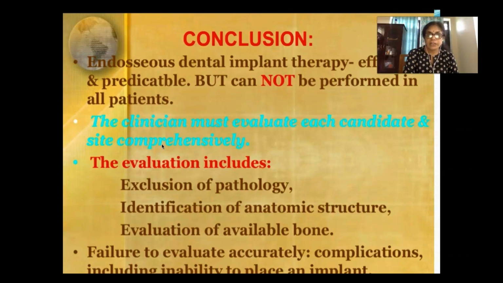The evaluation includes exclusion of pathology, identification of anatomic structures, and evaluation of the alveolar bone. Failure to evaluate accurately can lead to complications, including inability to place an implant. So we know that implant radiology is very important for implant placement.